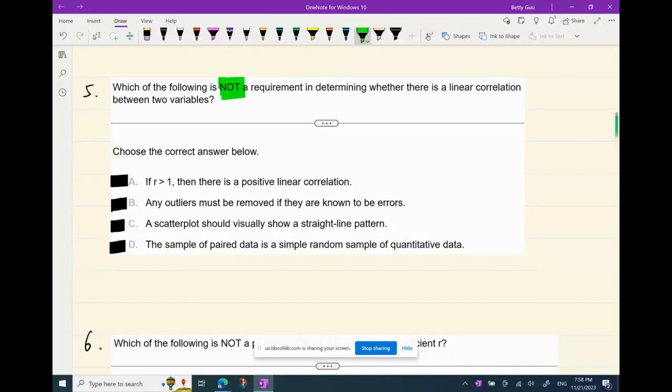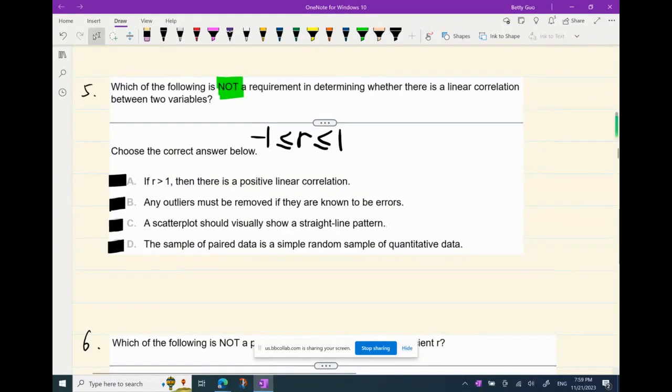Let's look at the 4 answer choices. A, r bigger than 1, not possible. Remember, r has to be between -1 and +1. It's not possible for r to be bigger than 1. So obviously A is incorrect.